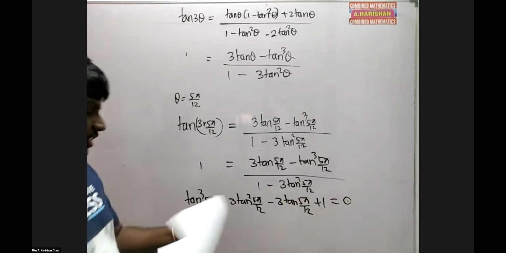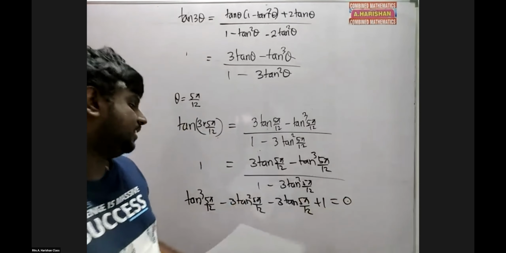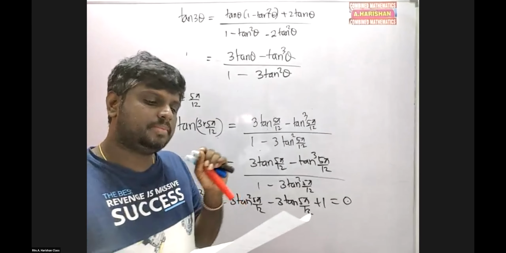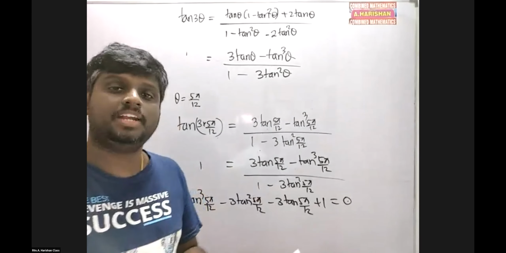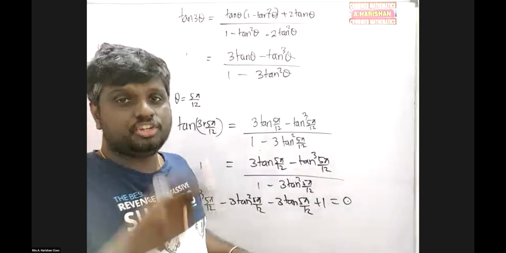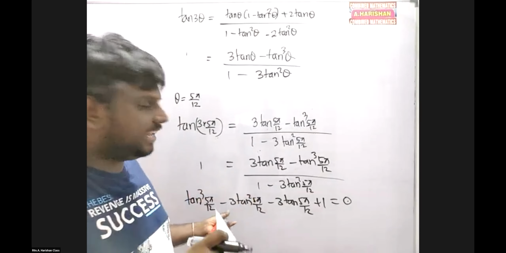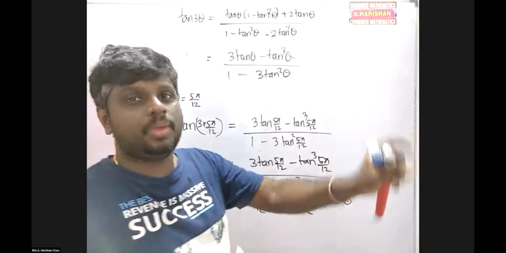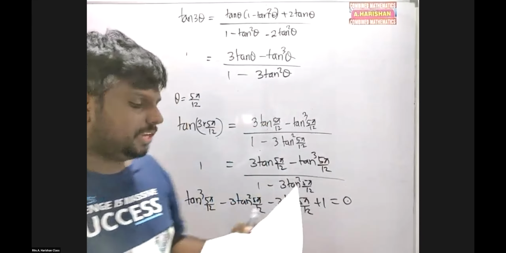What do you see in this equation? x cubed minus 3x squared minus 3x plus 1 equals 0. It is like you substituted tan 5 pi by 12 into that equation. Understood? So similar to that.